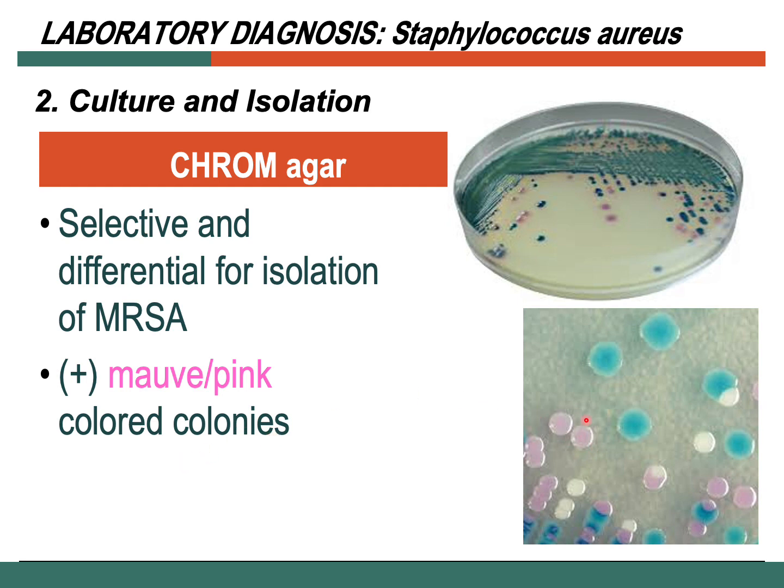For example, in this one, these are MRSA. The rest are not, maybe other organisms or other bacteria. So chrome agar is like a preliminary identification. It will give you an idea whether it is MRSA or not.